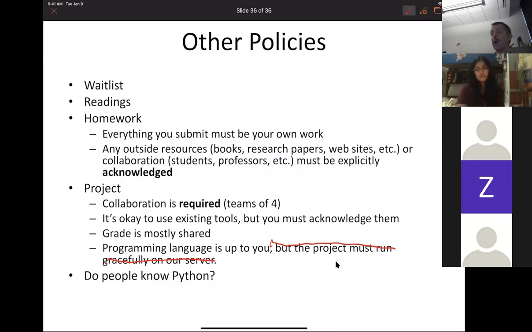So as long as it will run like in an AWS instance, in your Docker container, you can do whatever you want. It just has to follow a particular structure so we can run it. Does everybody know Python? I think my mother actually knows Python now. So I assume everybody does. Does anybody not know Python?